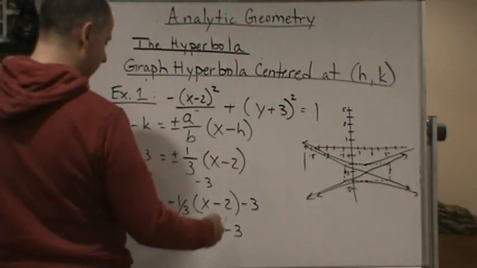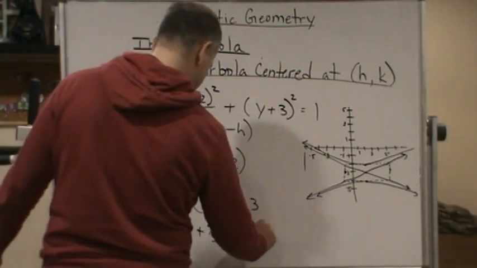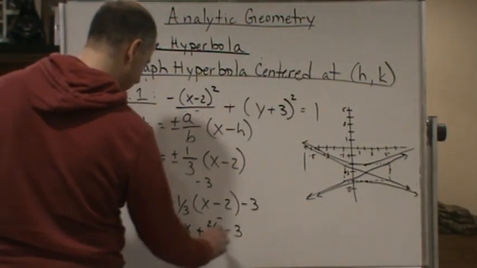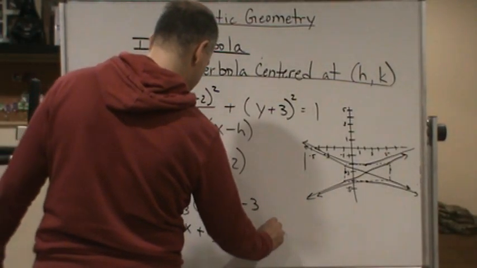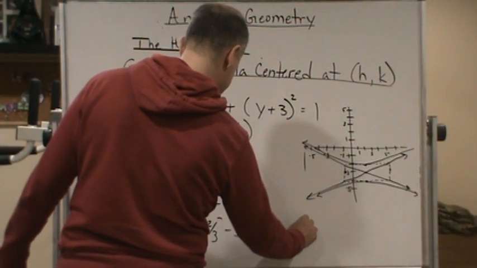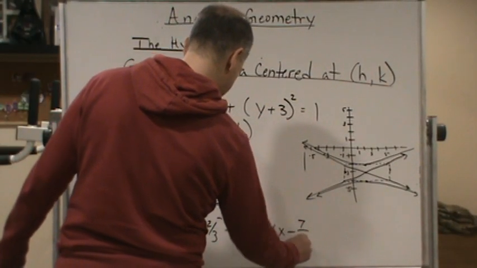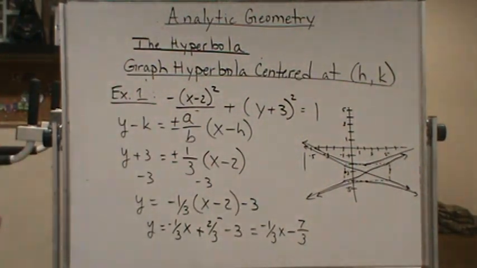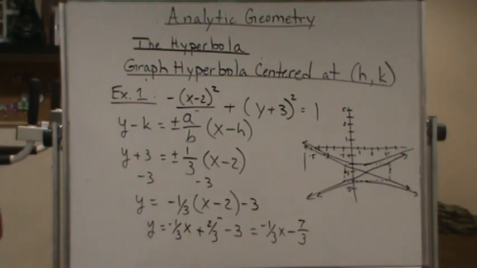So that's going to give me minus 7/3. So this is going to give me y equals negative 1/3 x minus 7/3. Okay? And that's it. All right, so we'll come back and we'll do another one.